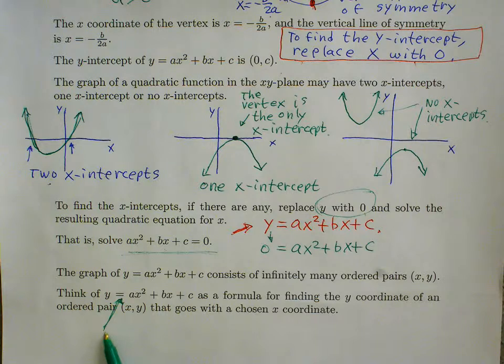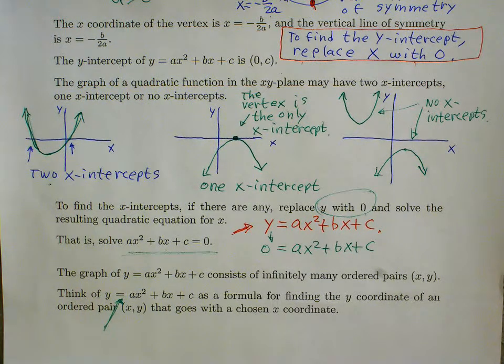We get to choose the x-coordinate. After we choose it, we use this formula to find the y-coordinate that goes with it. Once we know the ordered pair xy, we plot it in the xy plane. If we do that enough, we'll be able to see what the graph of that quadratic function looks like.